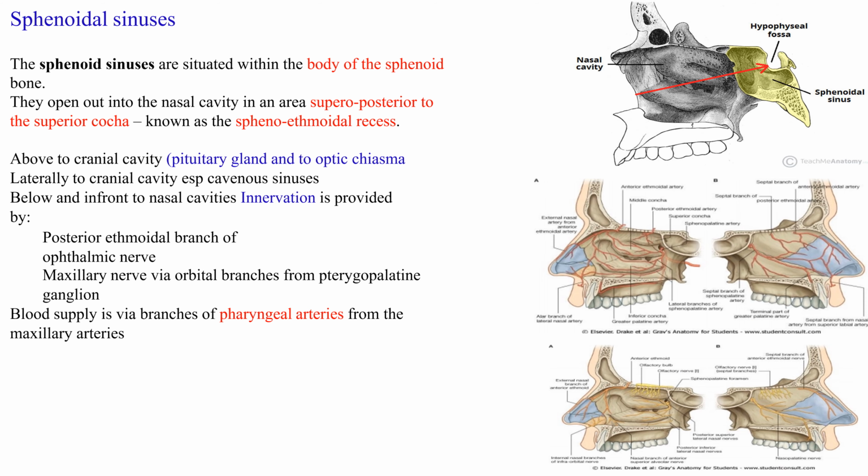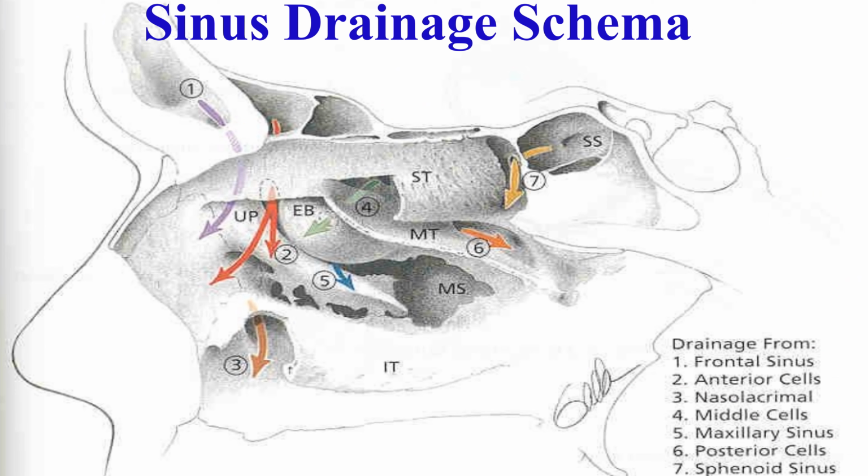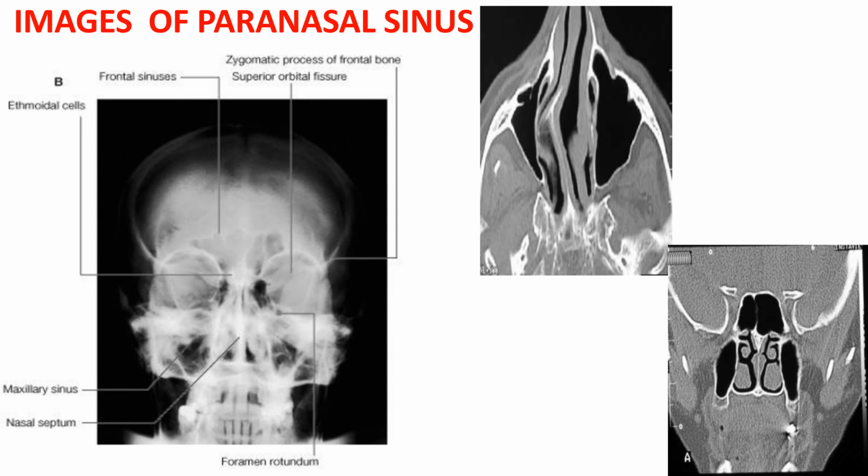Any questions? Here are all the orifices and the openings of the sinuses drainage. The images of the sinuses as you see here: the frontal, the nasal septum, the maxillary sinuses, the zygoma, and the superior orbital fissure.